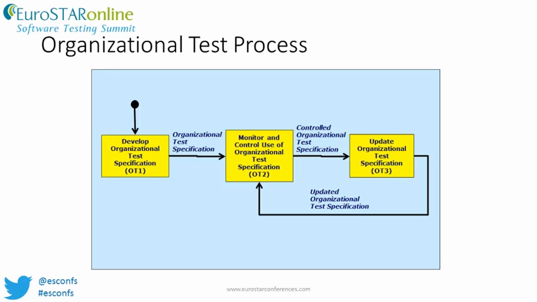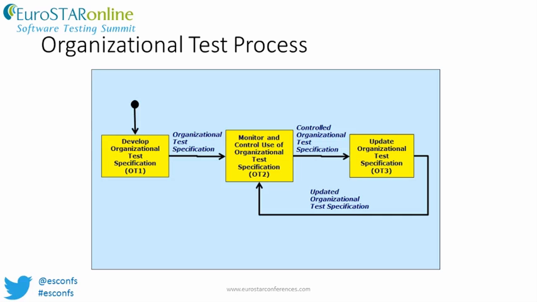The test policy provides guidance and constraints on the organisational test strategy and acts as a framework within which all the organisation's testing should be performed. An example of content from a test policy may be that, quote, all testing should comply with the ISO 29119 software testing standard, end quote.